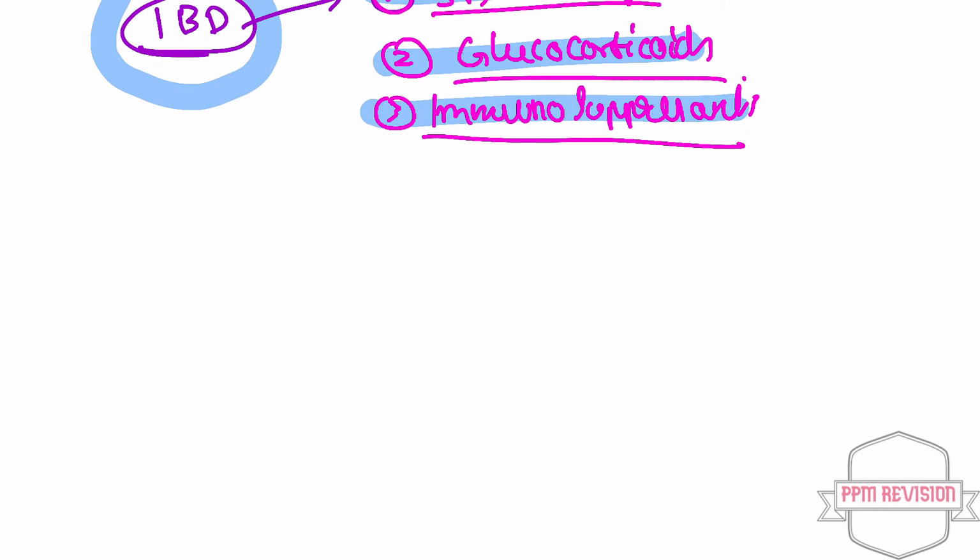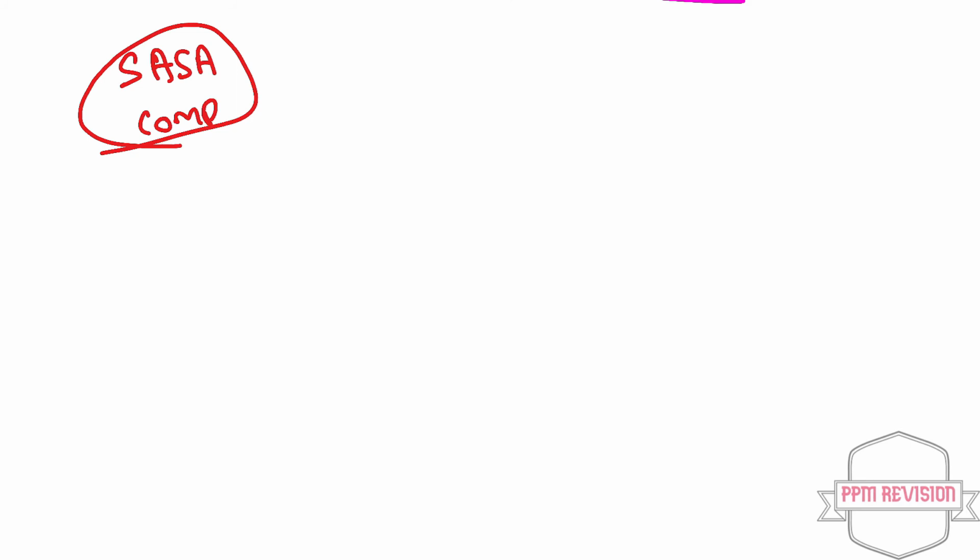Now looking at them individually, the 5 ASA compounds. Under this there is sulfasalazine, then mesalazine.